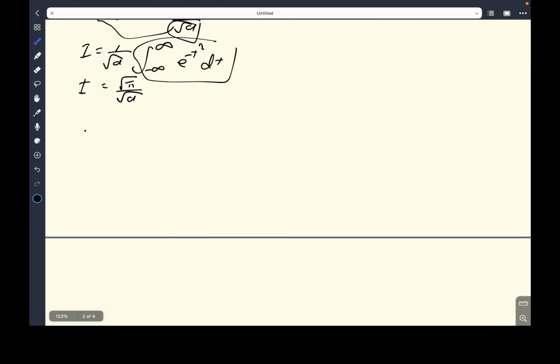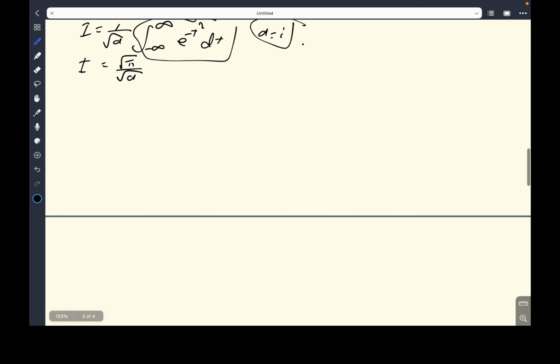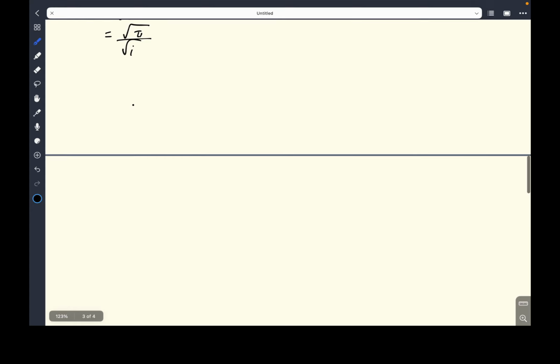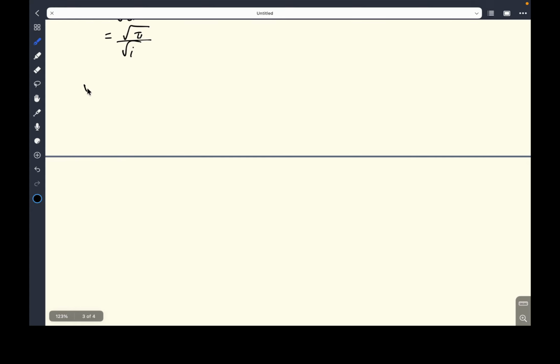Now I can substitute i for the a here. I'm allowed to do this. So now my integral becomes root pi over root i. Can I proceed any further? Yes. i is a number with 0 real part plus 1 imaginary unit, which is the square root of negative 1, which has the property that i squared equals negative 1.